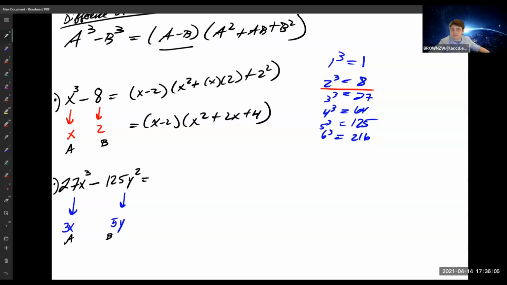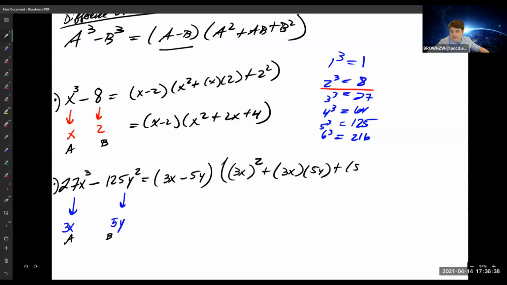Okay, so going through the formula, we have a minus b. So my a here is 3x minus my b here is 5y. Here's when you need to be careful. We want to take a squared. That's the entire term of a. So here's a squared. So we'll have to simplify that in a second. And then we're going to have plus a times b, so that's 3x times 5y.